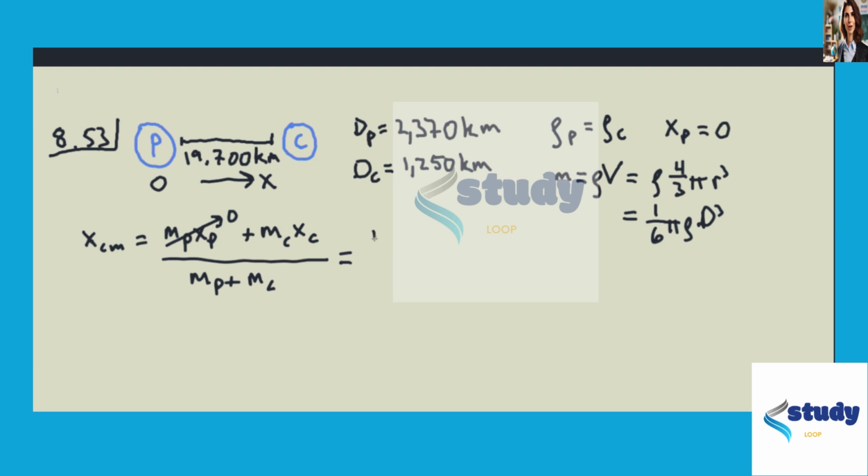Anyway, so we have 1/6 pi rho diameter of Charon cubed, and then 1/6 pi rho times the sum of the cubes of the diameters. And so you see the 1/6 pi rho factors cancel out as promised.